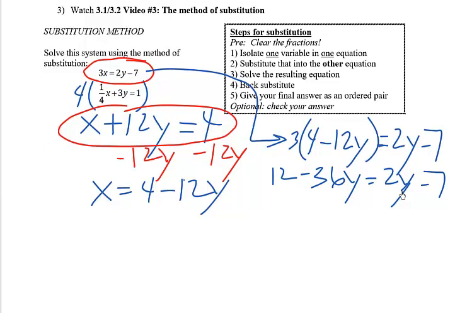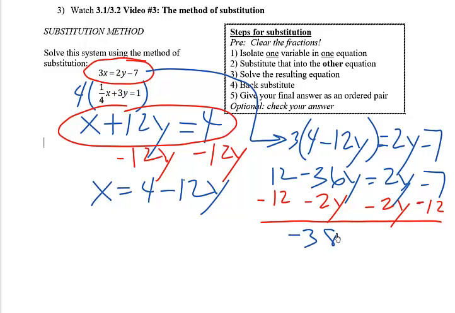And then I need to start moving the terms to the right locations. So I'll subtract 2y from each side so as to get the y's on the left. And I'll subtract 12 from each side so that the numbers end up on the right. And it looks like after I do that, I end up with negative 38y equals negative 19.